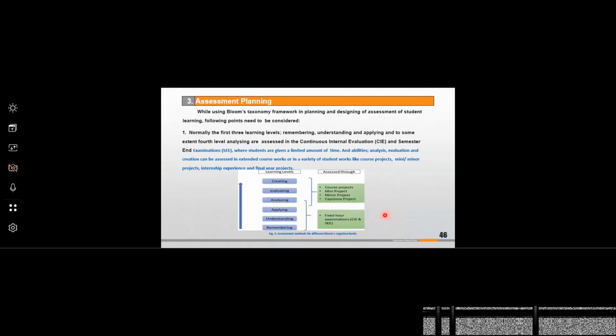CIE is continuous internal evaluation and SEE is semester end examination. So in the semester end examination, we will have only these 4 levels, and also in our mid examination. But in our projects, we will have these mini projects, minor or major projects, etc.